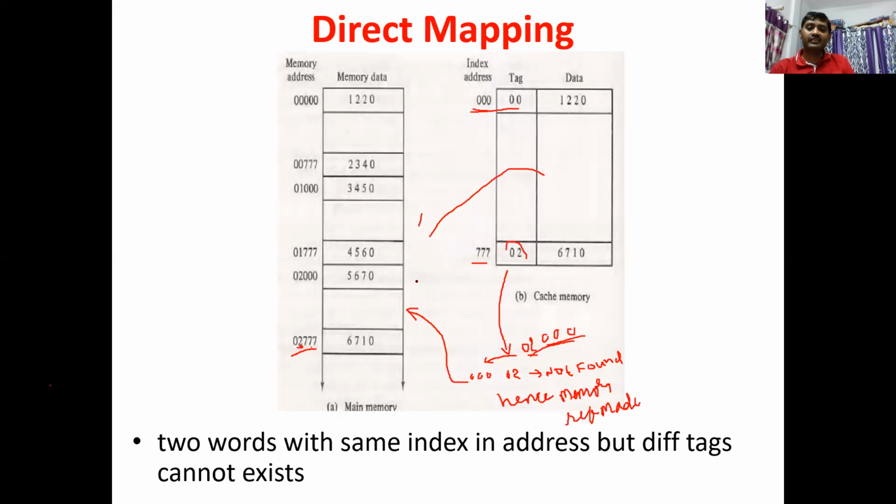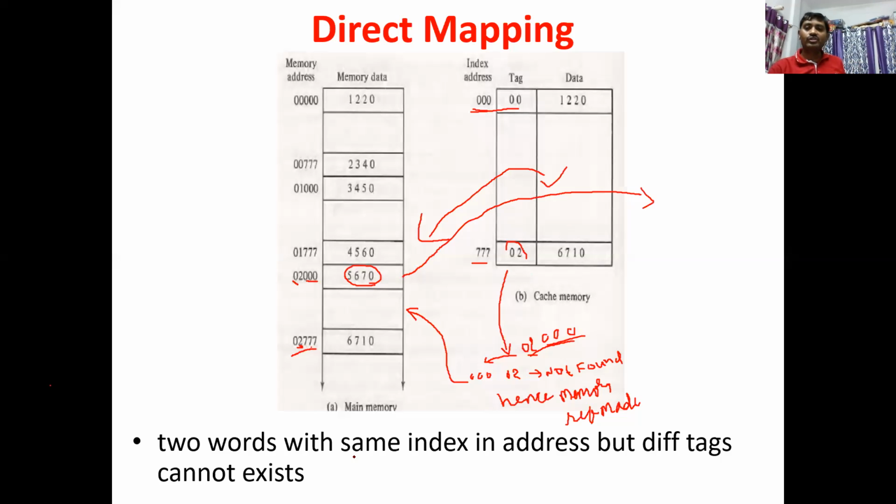What will be the content? 5670 will be taken from this and sent to the processor through the cache memory. That is direct mapping.